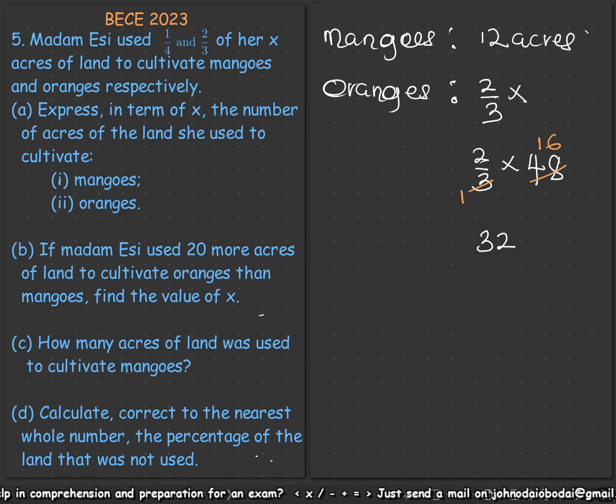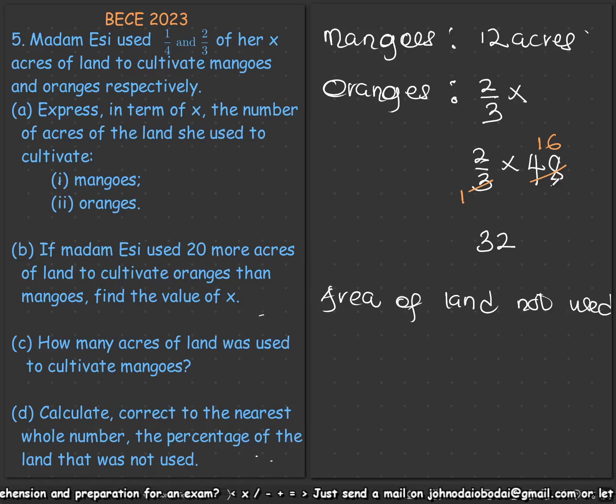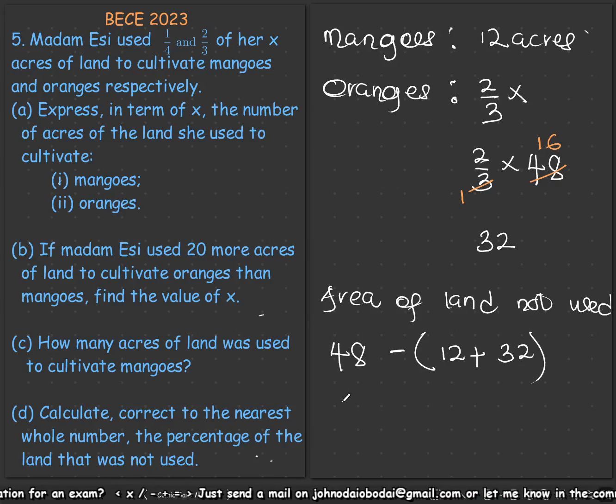So area of land not used. That is the area of land not used. And how do we get that? The total area of land, which is the x acres, in our case that is the 48 acres, minus what was used for mango, which is 12 acres, plus what was used also for orange, 32.